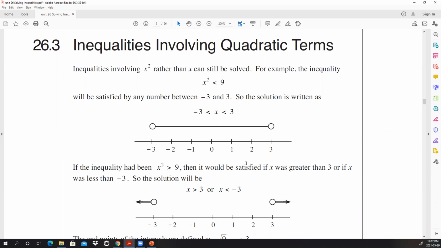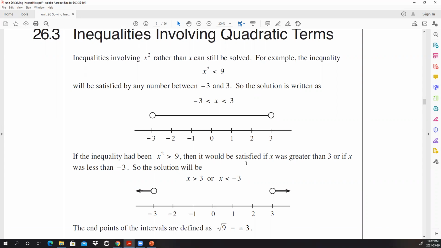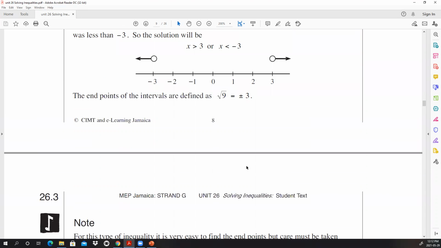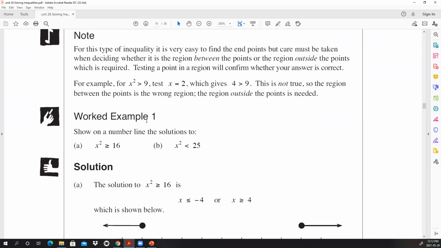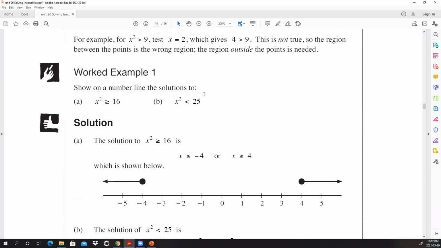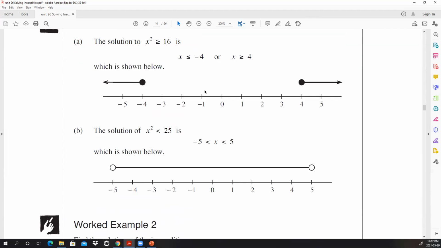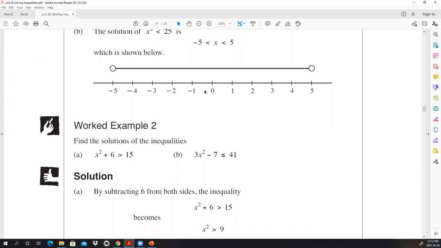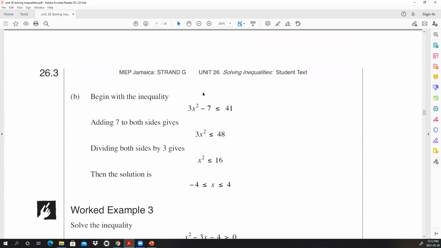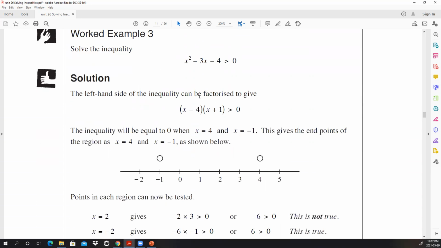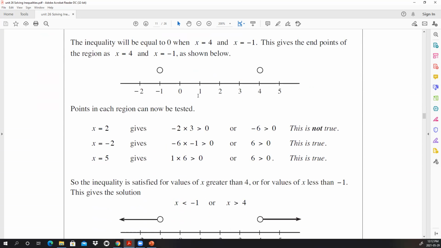Okay. And they ask you now to do some here and here. All right. So they have this thing where they say points and they're talking about tests and all these things.